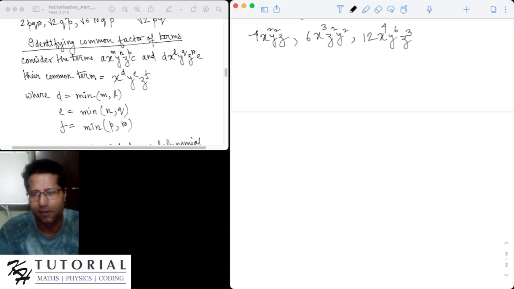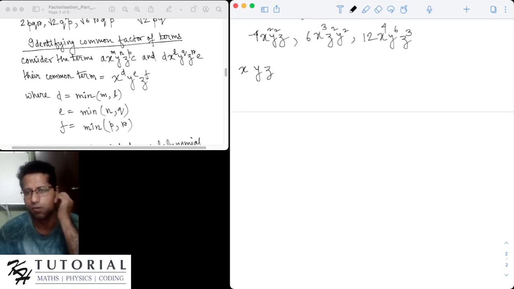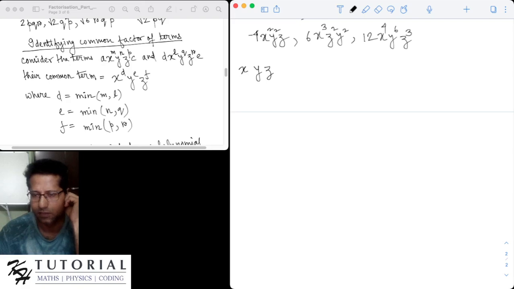I can clearly see the variable x is present in all three terms. The variable y is also present in all three terms, and also the variable z. Now, you have to identify what the powers of these three variables will be.